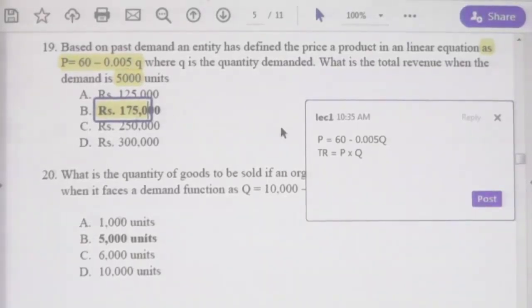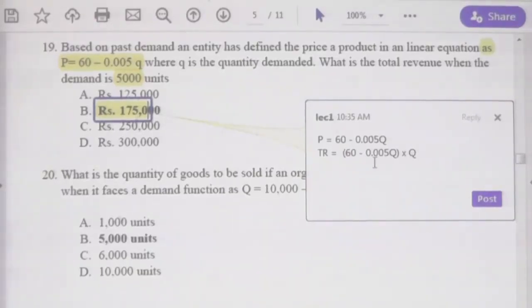Now total revenue equals price into Q. In place of price, you can substitute this value. Therefore, you can copy and paste the price here. Once you multiply this entire equation by Q, that is the total revenue.